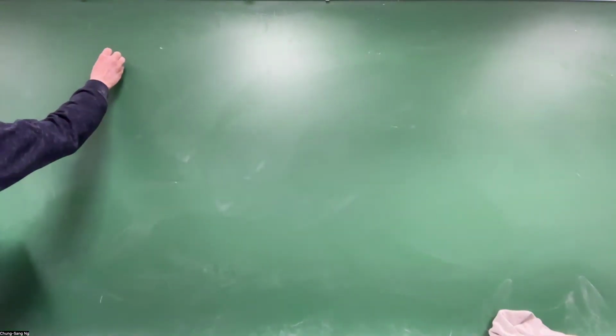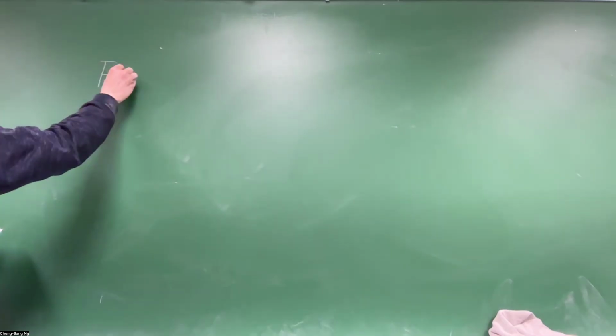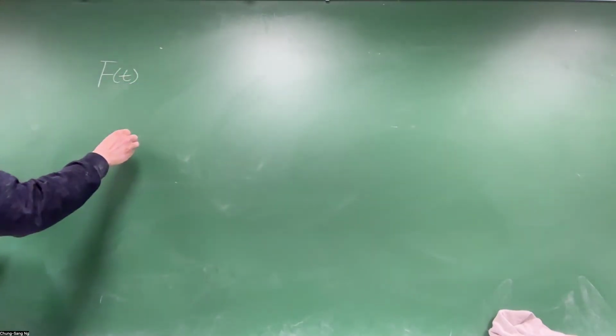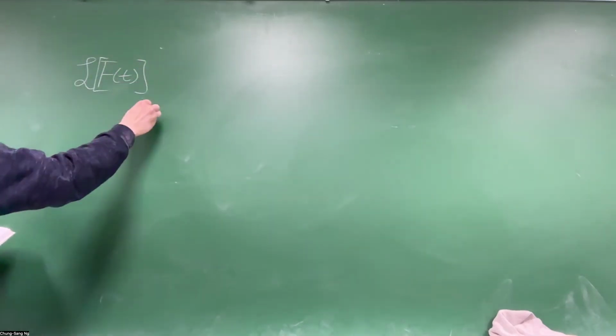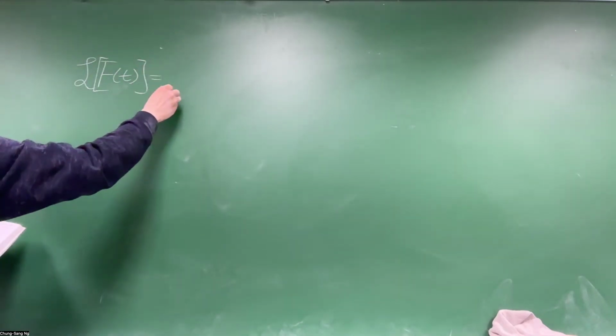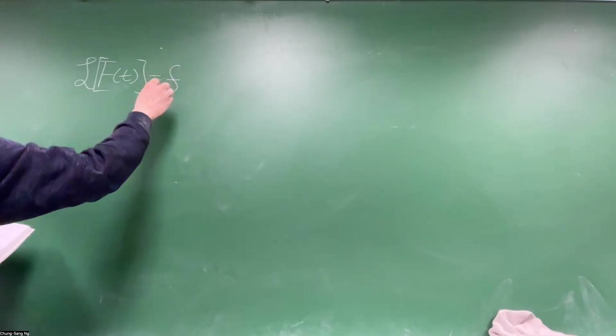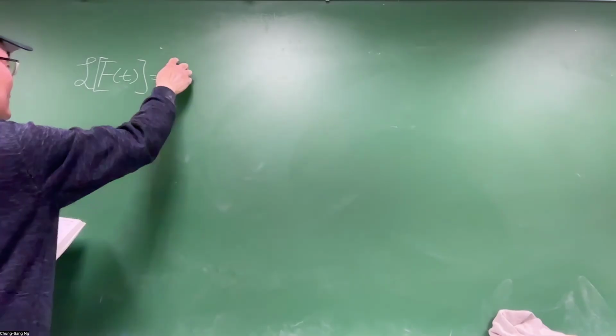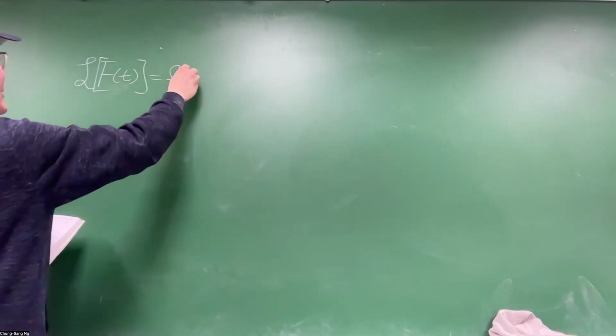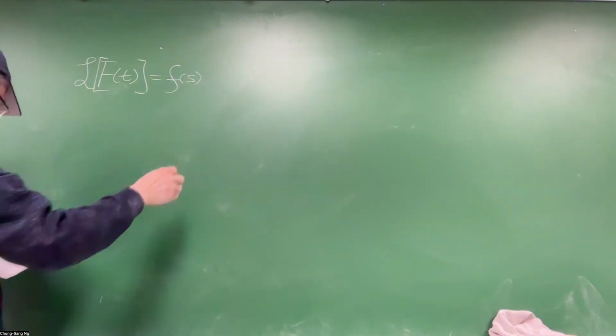So if you have a function f, and we do a Laplace transform of that, and we define it, notation-wise, we said that this is capital F. The transform is little f, and the variable we said depends on s.